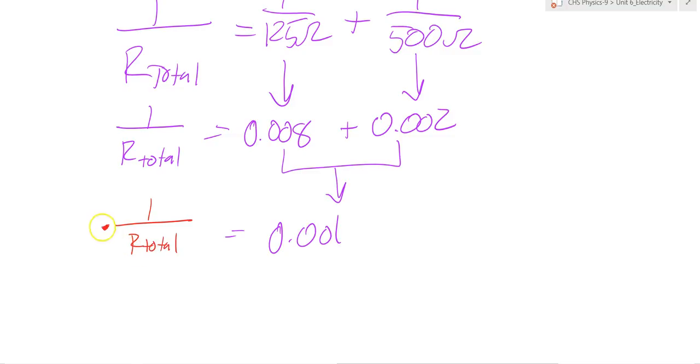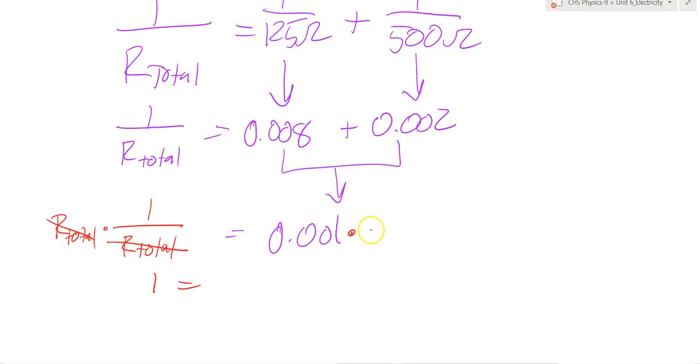I have to multiply by something, but I can only multiply by what's on the bottom. 1 divided by that, those go away. I'm left with 1 equals.